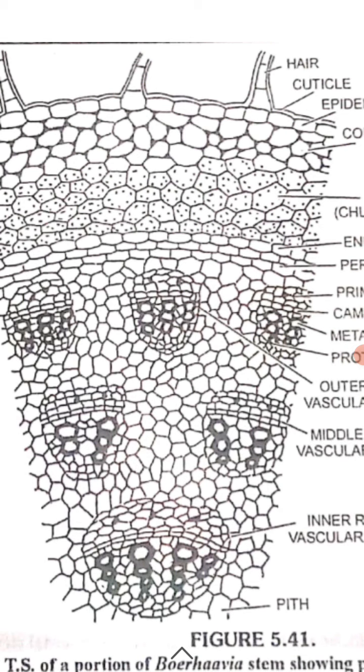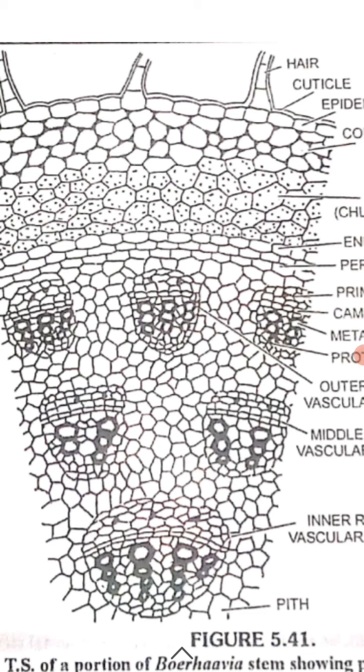Below the hypodermis, cortex is present, which is made up of parenchymatous tissue, and the cells of this tissue possess chlorophyll, and these cells include small intercellular spaces.